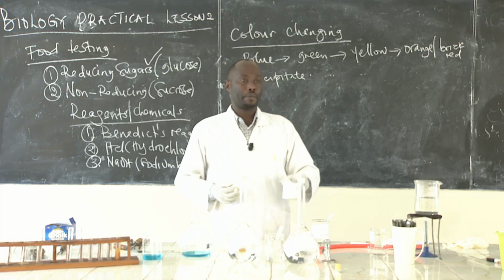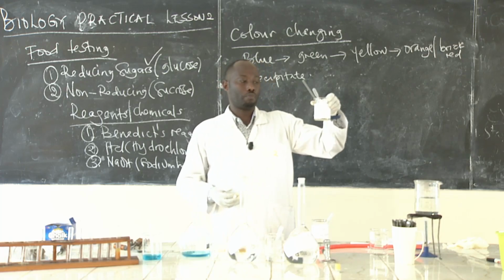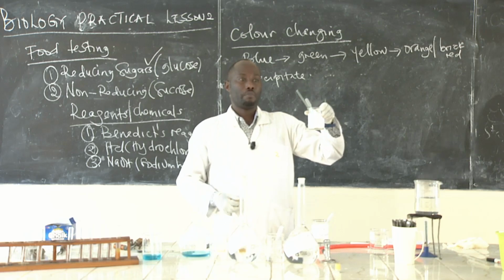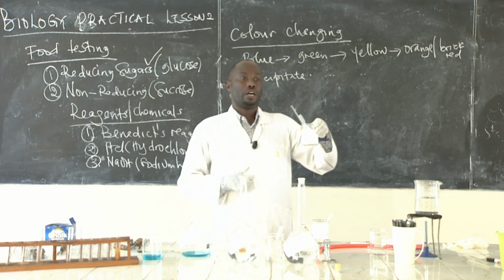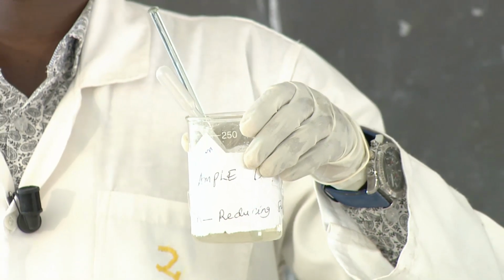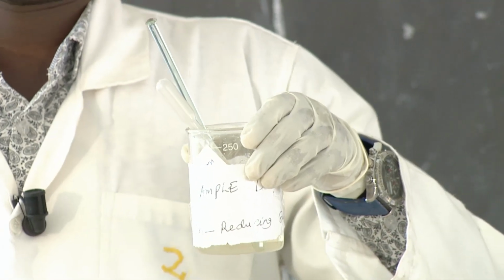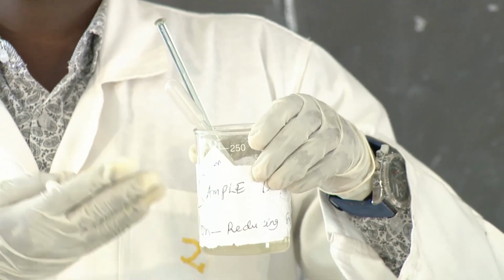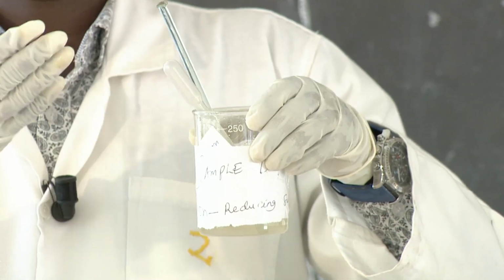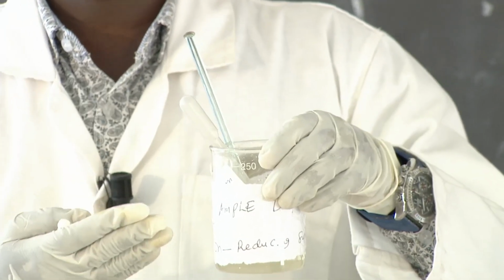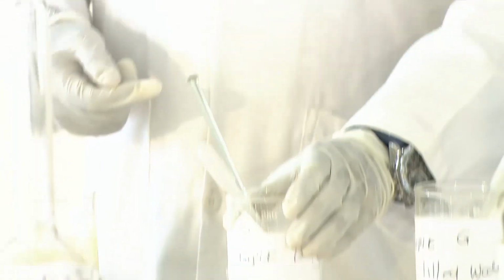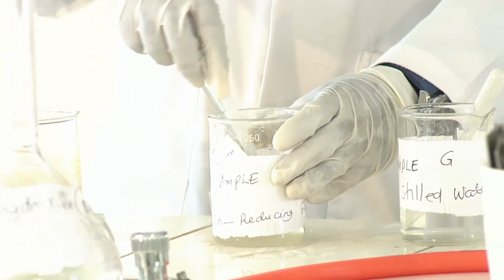I have a prepared sample extract made from the industry, but you can also use carrots, oranges, or sugarcane, and we extract a sample that contains sucrose. So from there, let me start my practical.